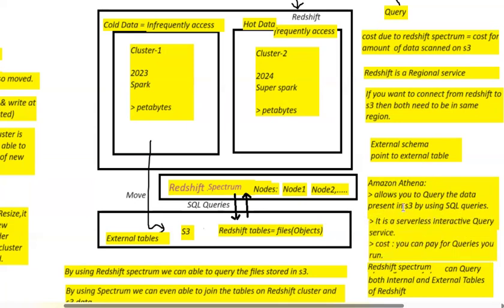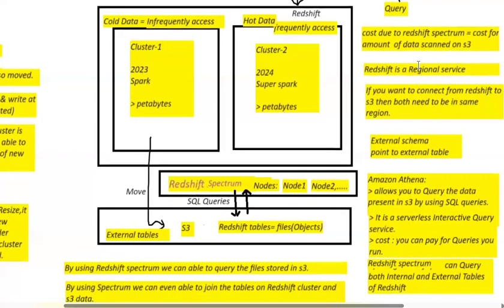Whereas with Redshift Spectrum, you pay for the amount of data that you scanned on S3. So based on your need, you can choose between Redshift Spectrum or Amazon Athena for querying data which is present under S3 storage.